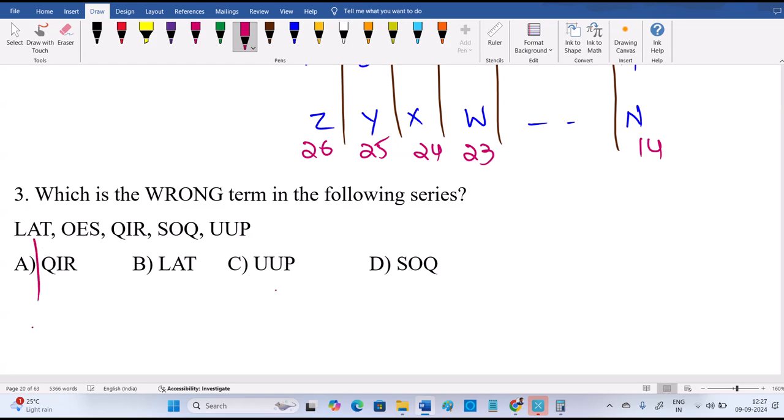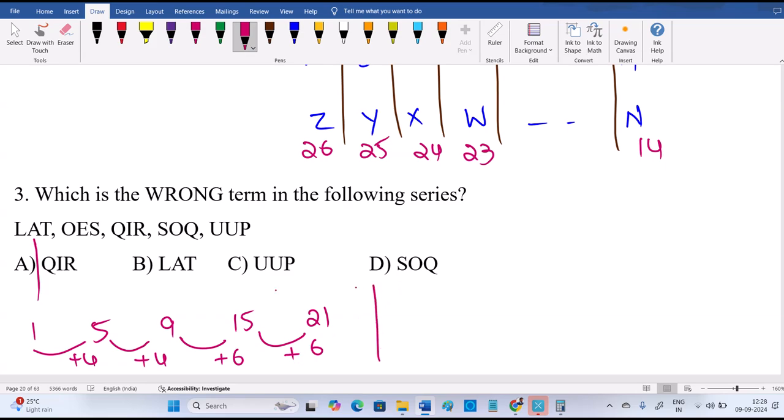If I go with the middle letter, 1, 5, 9, 15, 21. So here plus 4, here plus 4, then plus 6, then plus 6. Okay, fine, let it be. Then take the last letter, no problem. P, Q, R, S, T. That is fine. The first letter we need to worry about.